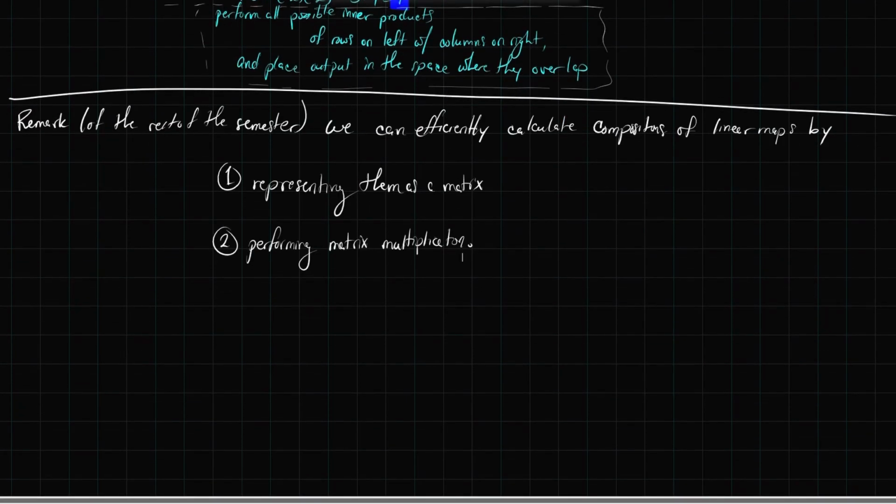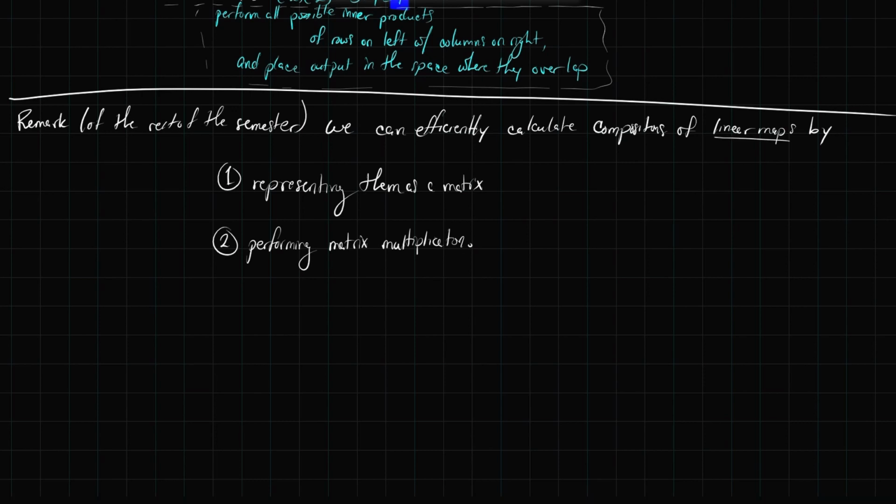So that's really what we want to think for the rest of the semester: these linear maps, which to us are just everything that object in Schrodinger refers to, we can perform their compositions.